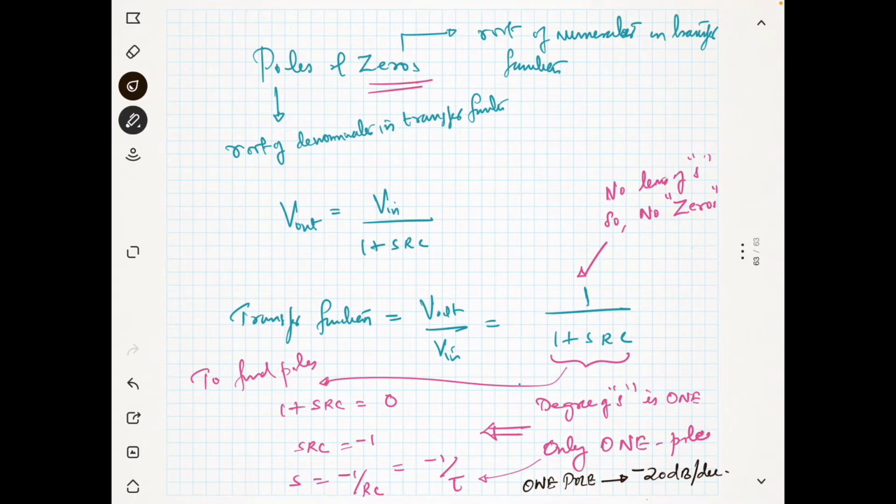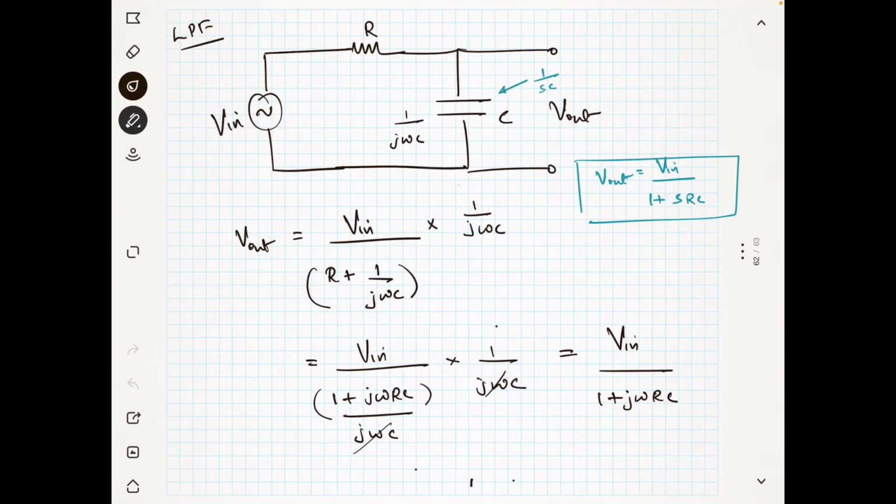Now, how is this acting as a low pass filter? This is a low pass filter, I told you. Why is this a low pass filter? Whenever there are low frequencies, your capacitor reactance is very high. For example, if omega is equal to 0, then this part becomes 0. I will write the magnitude response, then it is clear to you. 1 plus j omega RC.